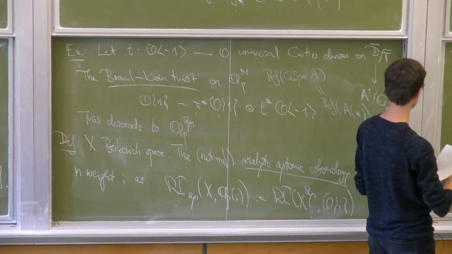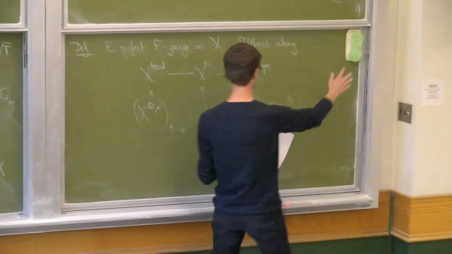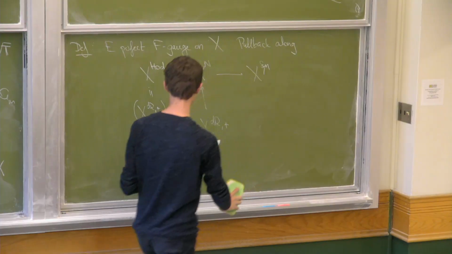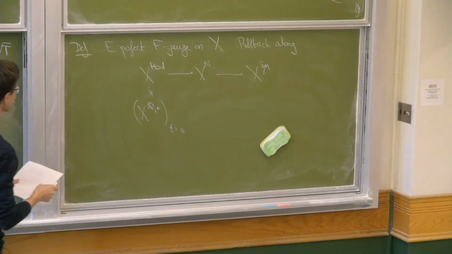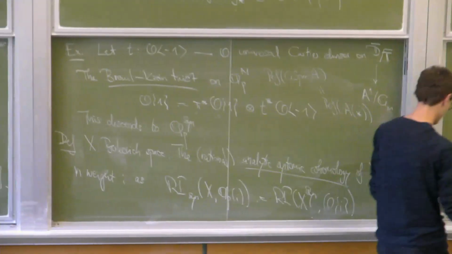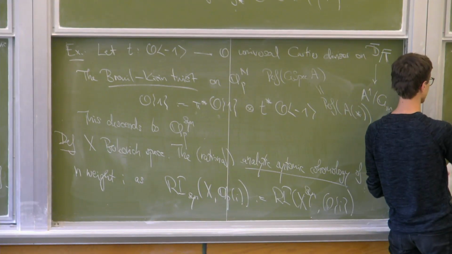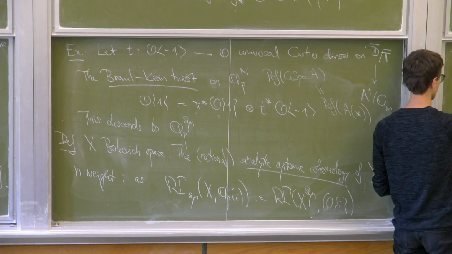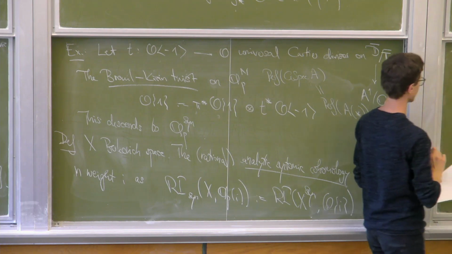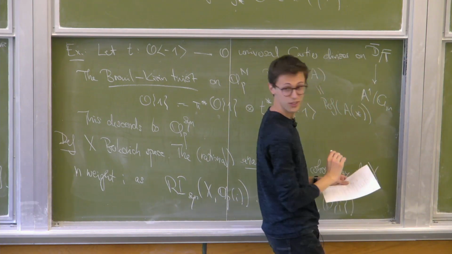All right, let me clean up this mess I made. So you have this map, and this Hodge stack receives a map from X times the classifying stack of the torus.